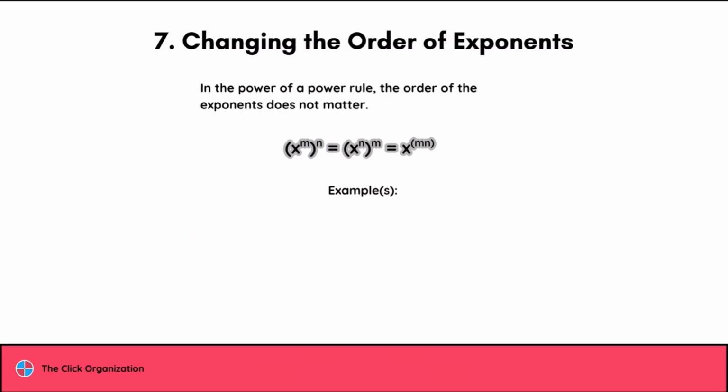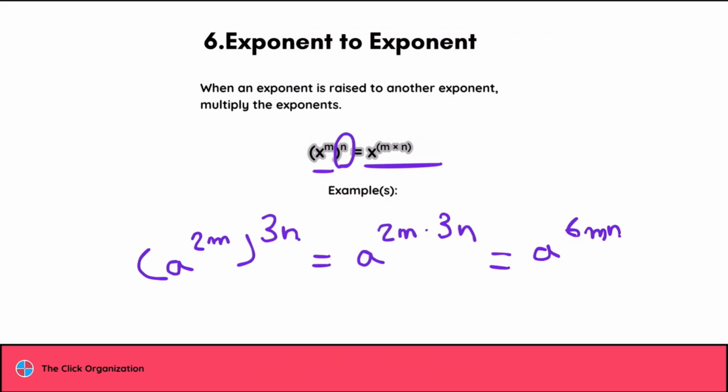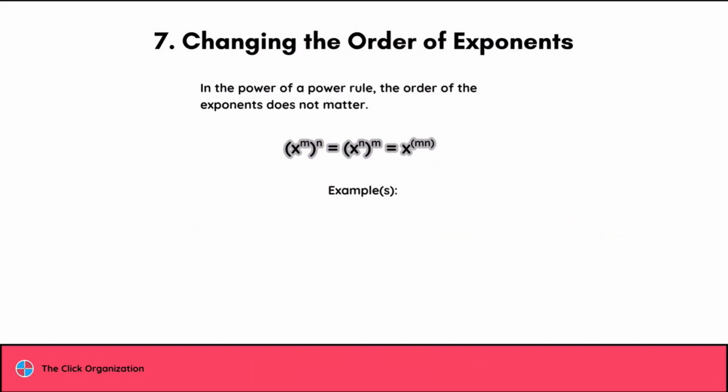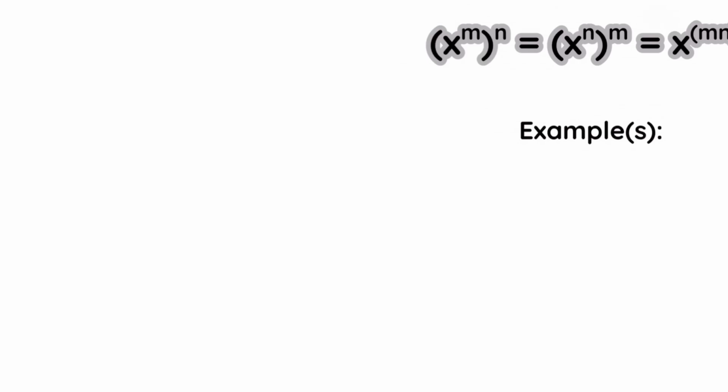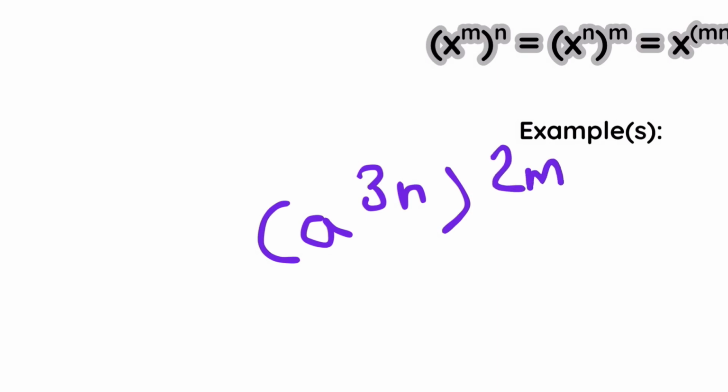The seventh rule, changing the order of exponents. We had this rule, and it has commutative property. If we change the order, the exponents won't change, and the result won't change. So let's see it again. I will have a to the power of 3n this time, all to the power of 2m.